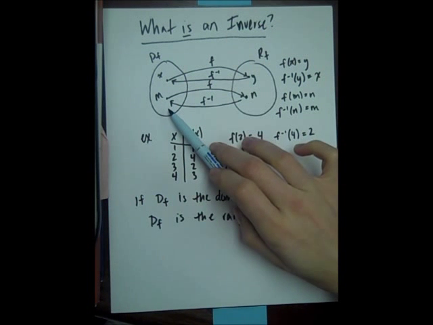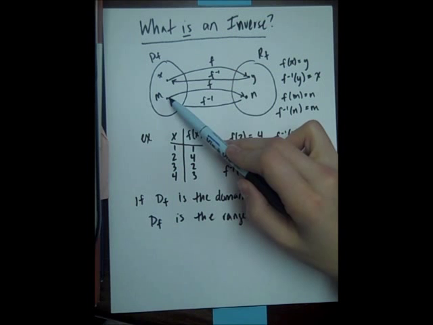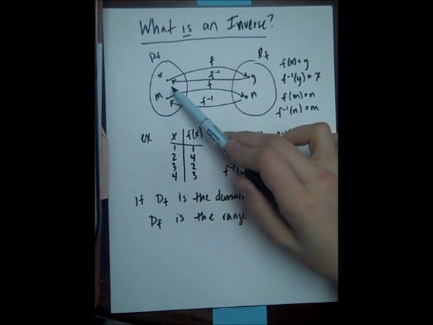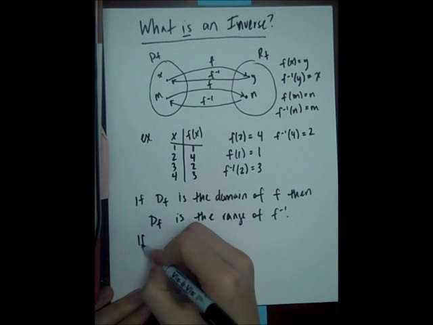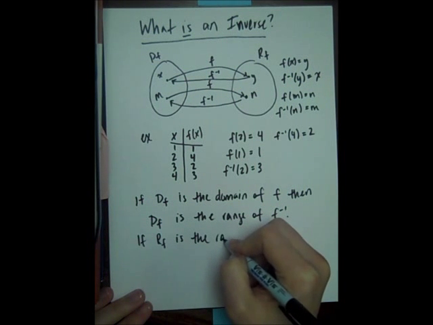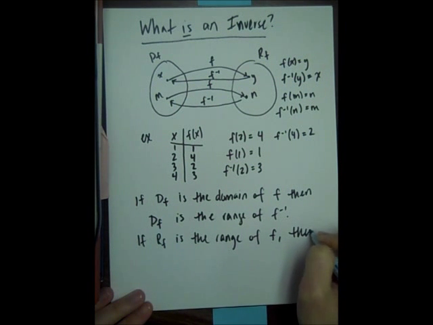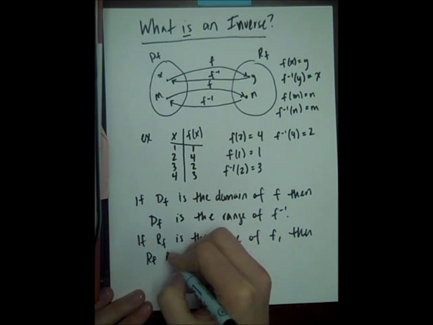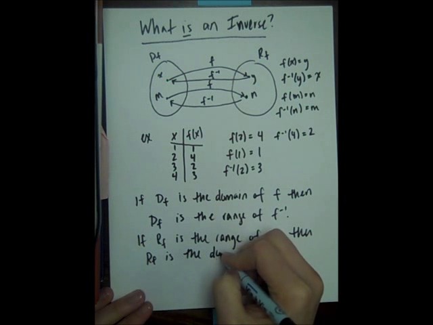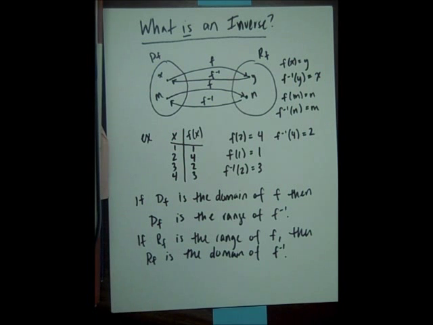Here, this was my domain of f. f inverse is going from the range over to this domain, so this is the range of f inverse. If R sub f is the range of f, then R sub f is the domain of f inverse, which is how we denote it.